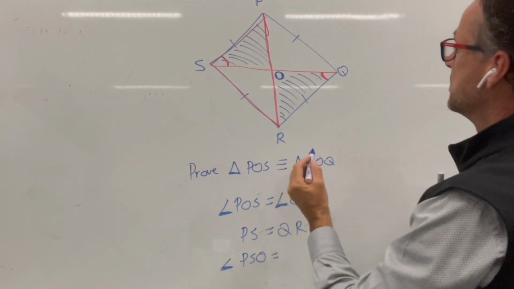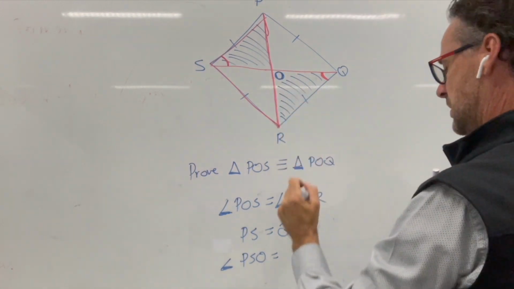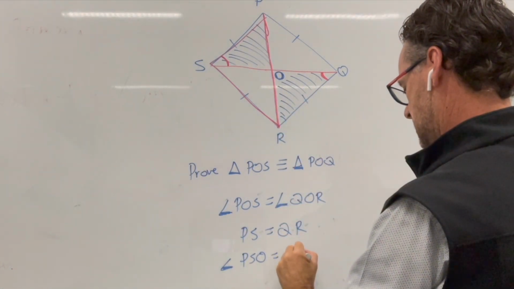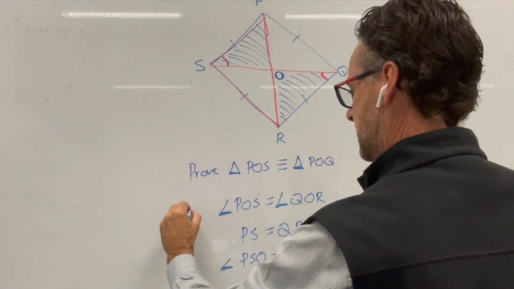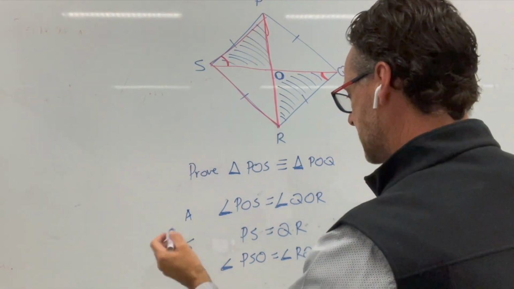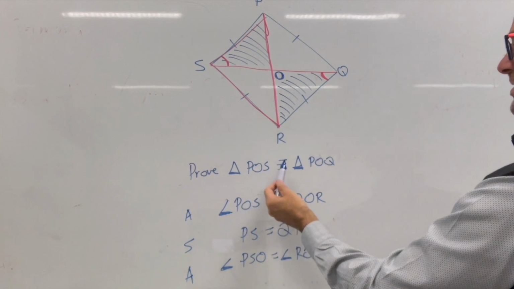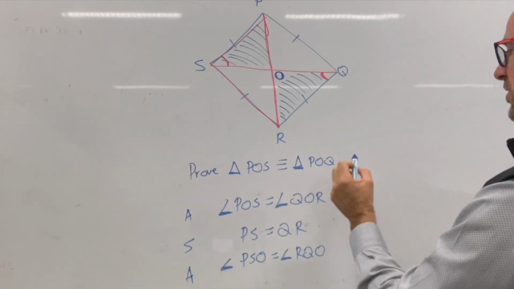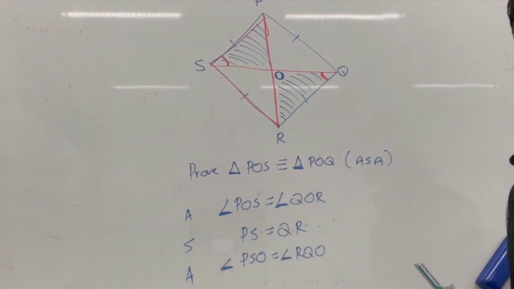PSO is equal to this angle here, which is RQO. Okay, so we have an angle, side, angle. And now we can say here that triangle POS is congruent to triangle POQ, and we can say that the angle, side, angle congruence test proves that.